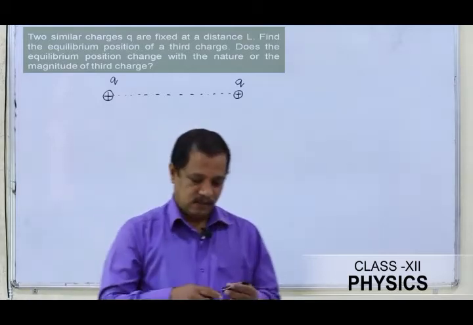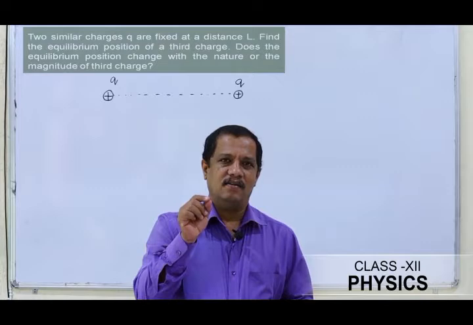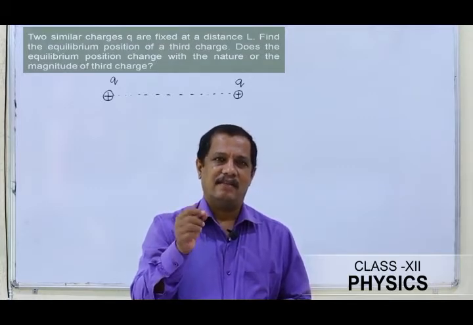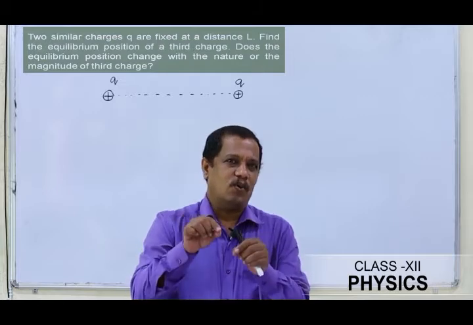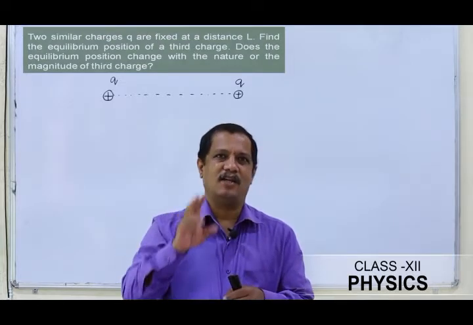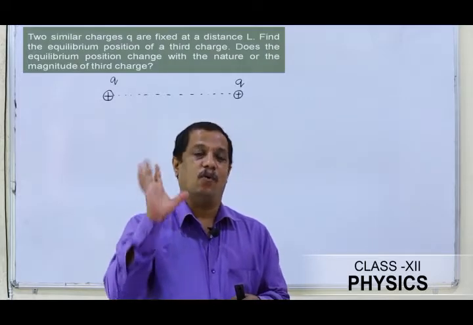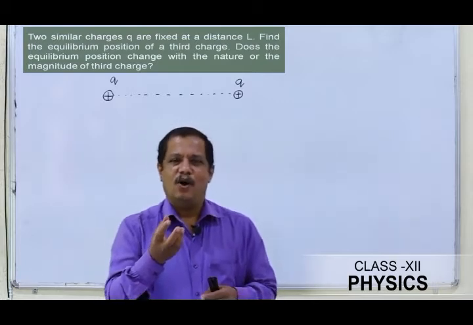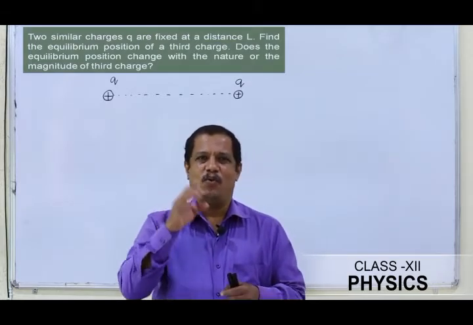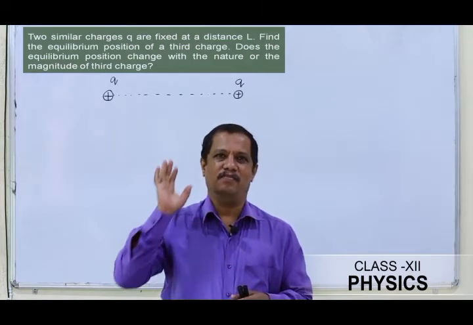Now the question is, we want to find the location at which if a third charge is placed, the net force acting on the third charge due to these two charges is 0. Whenever the net force acting on any charge is 0, we say that charge to be in equilibrium.